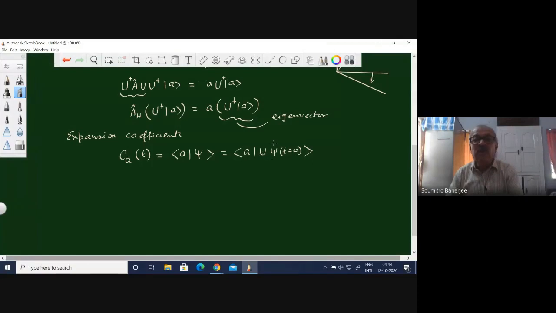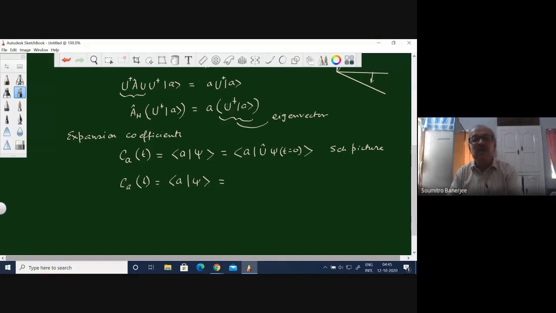So U operator operating on psi, that is the current value of psi in the Schrodinger picture. In the Heisenberg picture, the expansion coefficients are exactly the same thing, A psi, but in this case, A is changed with time. And we have seen that the eigenvector now becomes U dagger A.